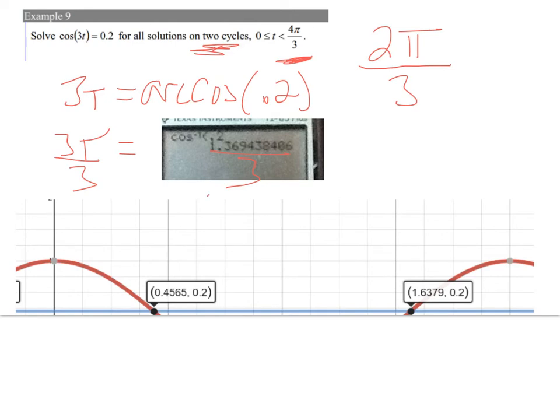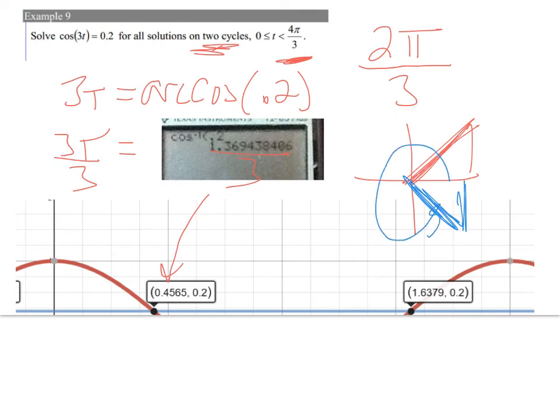And that's where I'm getting this number on that graph. Well, I think I am, at least. So then we could ask ourselves, where else is the cosine equal to positive 0.2? Well, I know that cosine's positive here in quadrant 1. I also know that cosine is positive down here in quadrant 4.